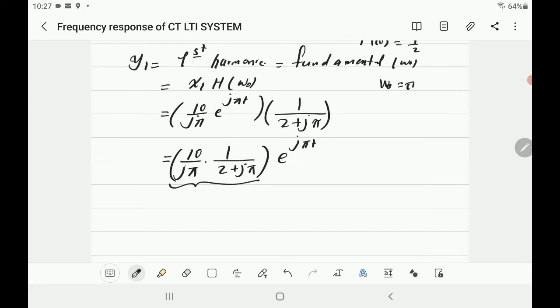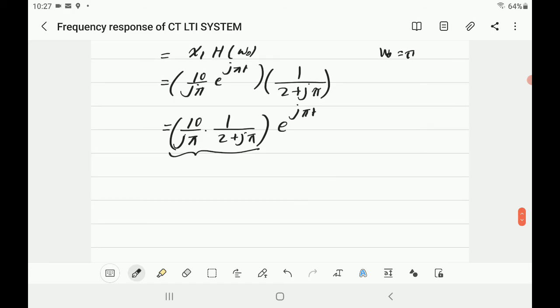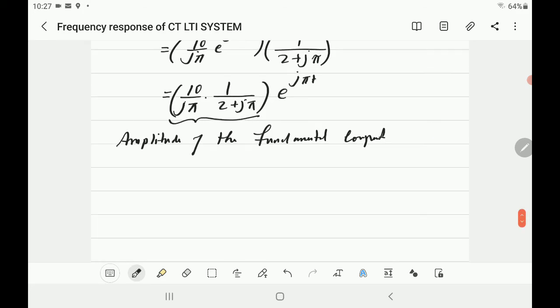It's like a complex number, and you can find the amplitude of the fundamental component. You can do it by MATLAB, but I'll show you now how you can do it by hand. So the amplitude of the fundamental component is equal to 10 over pi, and the amplitude of the second is 1 over the square root of 2 squared plus pi squared, and then you multiply and find that component. All right.